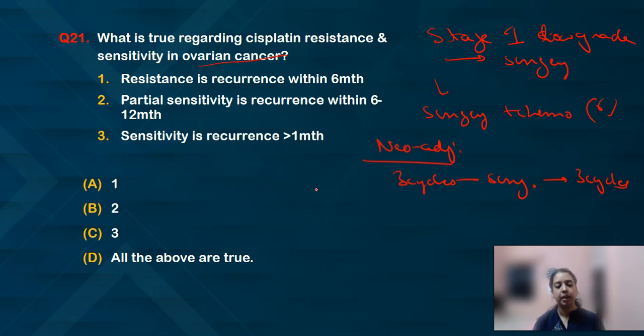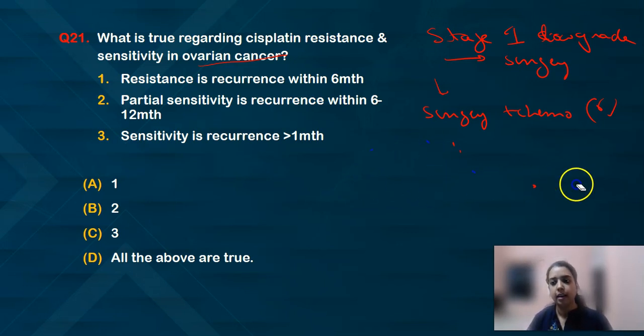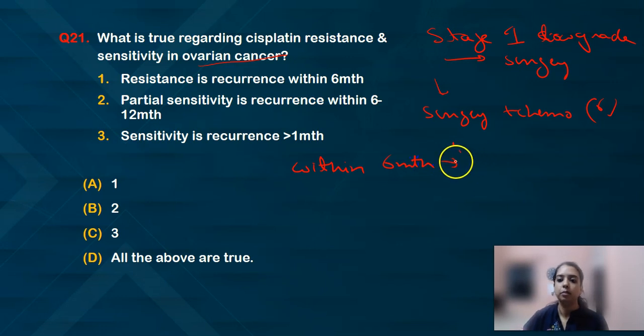and in those who are very old age and medically comorbid, you give carboplatin. So if you talk about resistance to the chemo, what the Novak says exactly is, if a patient relapses within 6 months of the treatment you have given, it means the patient was resistant to chemo. Okay, has relapsed so fast.